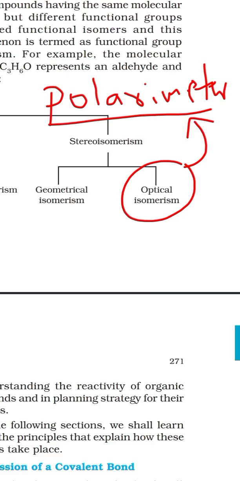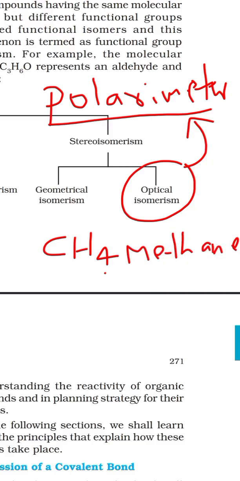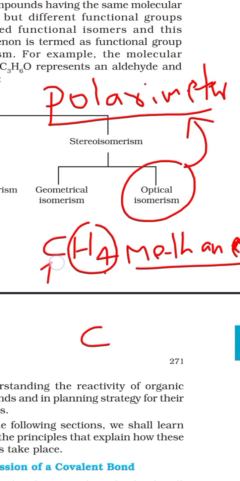What is this optical activity? Here this is called methane. Now if I replace these four hydrogens with four different groups, I write the same carbon here, and one hydrogen I keep as it is.